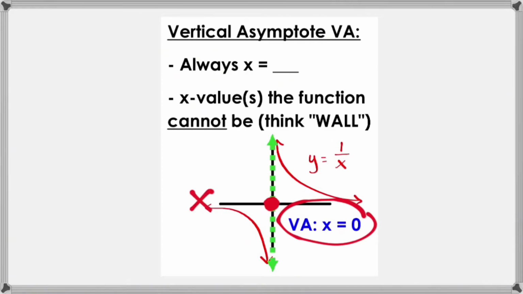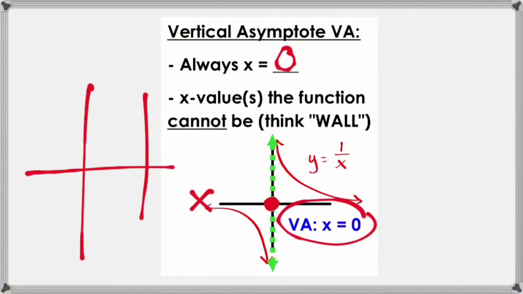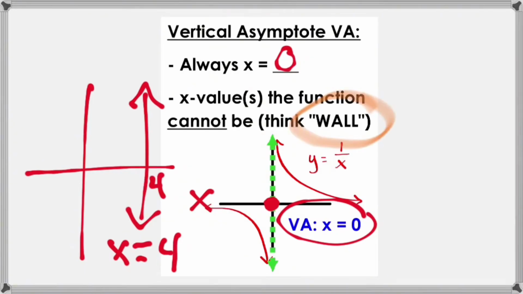So that means the equation would be x equals 0, and in general, whatever part of the x-axis your vertical asymptote is passing through, perhaps it's going through the number 4, then you would just say x equals whatever that number is. You want to think of a vertical asymptote as a wall that the function is never going to pass through, but it's always going to approach it forever.